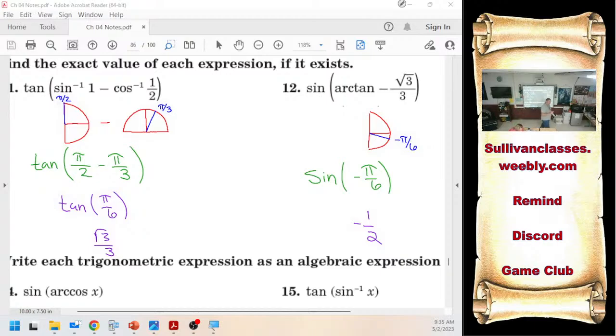Did you do law of sines and law of cosines? I don't think so. Okay. So section 4.1 was all about right triangle trig. What happens when it's not a right triangle? Uh-oh. That's where law of sines and law of cosines come in.